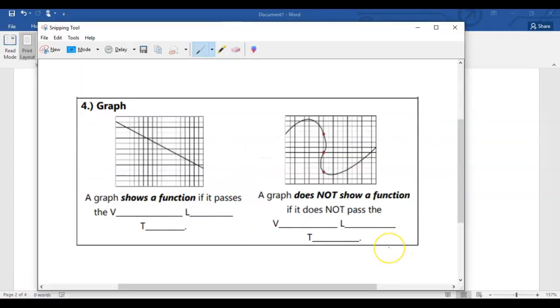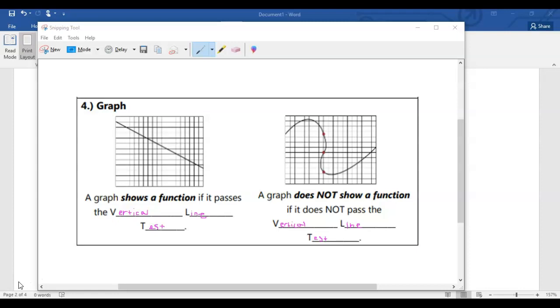Okay, the last and final way that a function can be represented is through a graph. Now, to the left, you see a graph that we know is a function, our linear functions. How we know a graph is indeed a function is if it passes the vertical line test. A graph does not show a function if it does not pass the vertical line test.